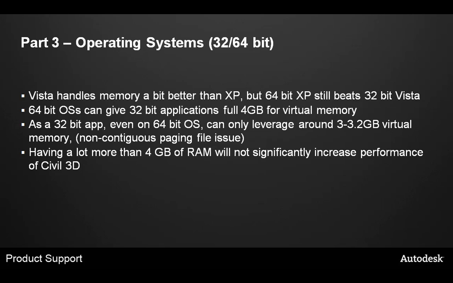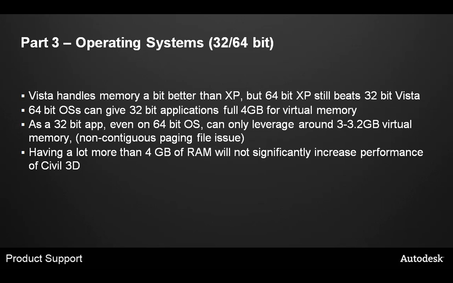Now, having a lot more than 4 gigabytes of RAM on a 64-bit operating system will not significantly increase your performance of Civil 3D. And that's because, once again, it's a 32-bit application, so it can't go beyond those 3.2 gigabytes we just talked about, right?